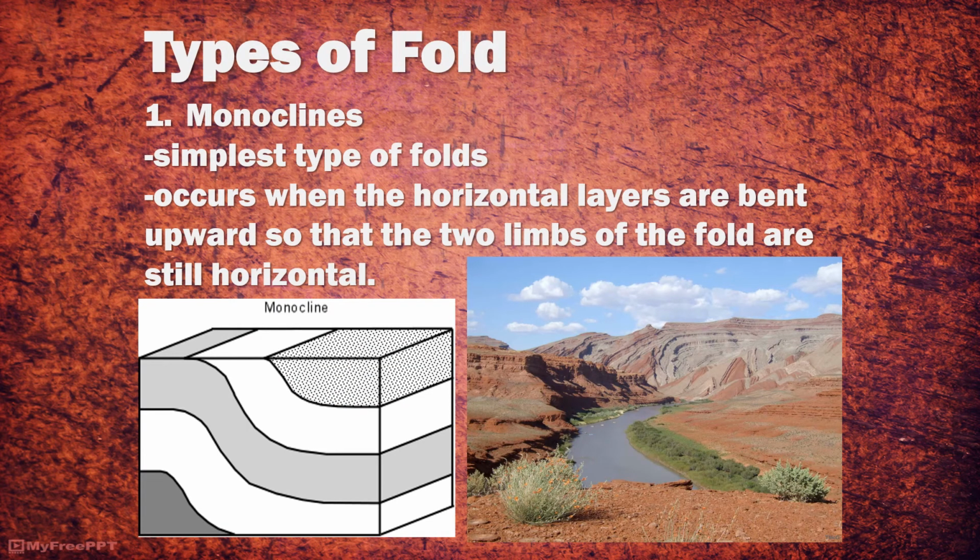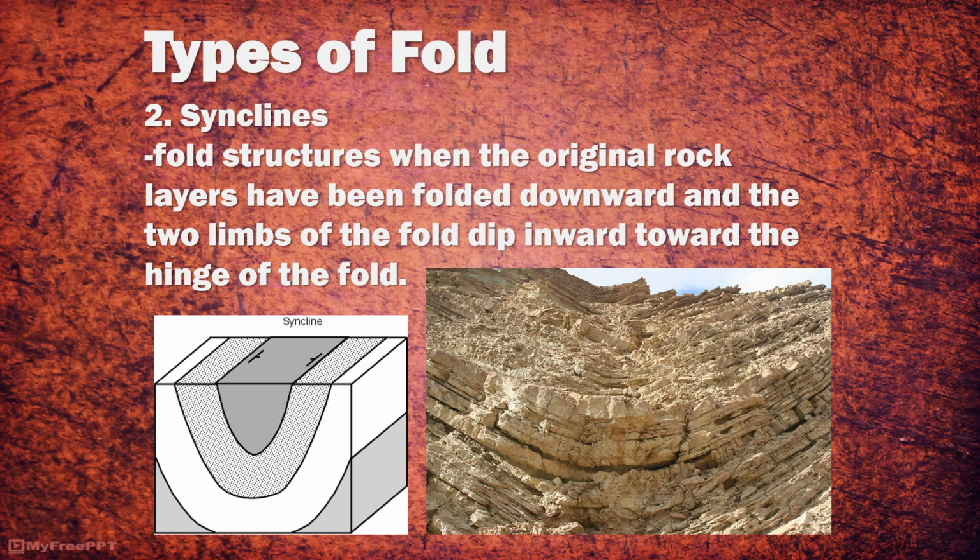The types of folds now, we have here, simplest type of fold, your monoclines, occurs when the horizontal layers are bent upward, okay, so that the two limbs of the fold are still horizontal. Ayan. Another one is synclines.